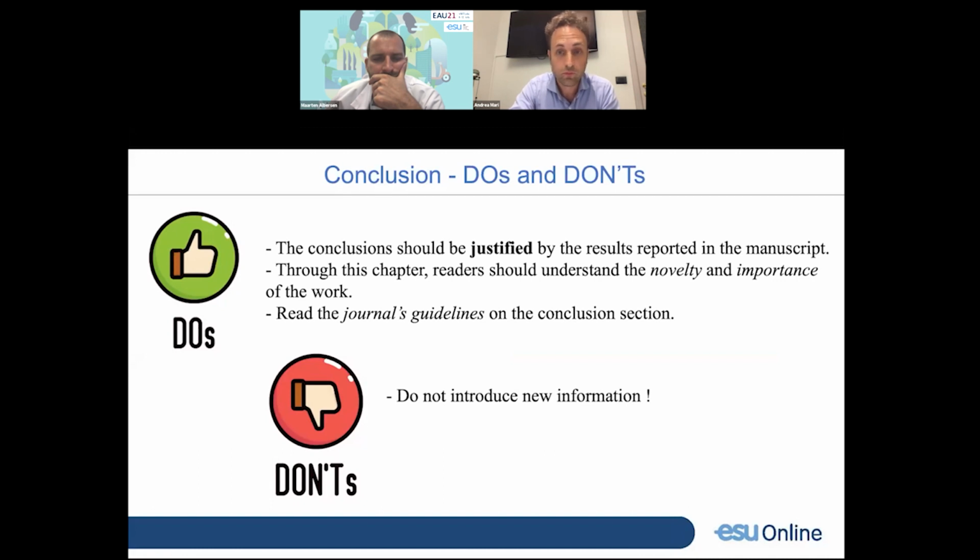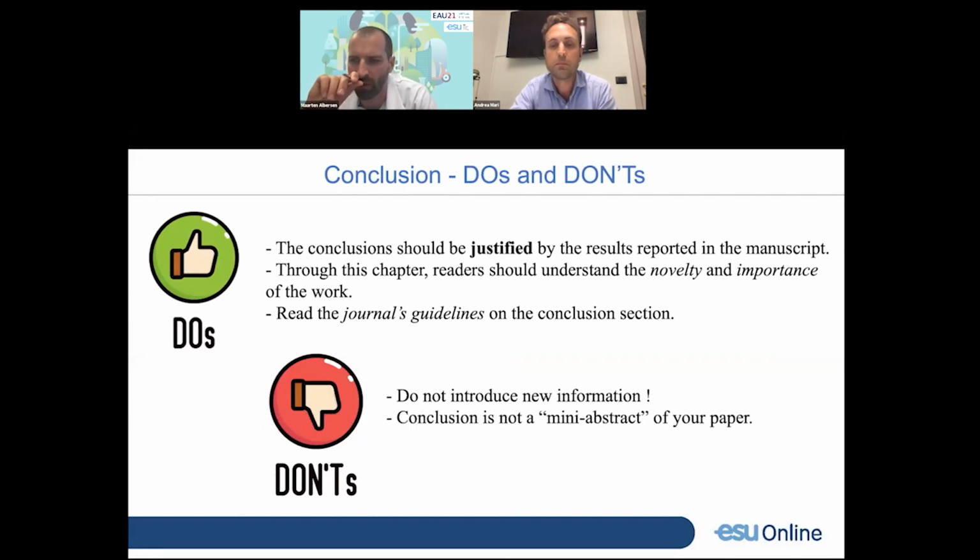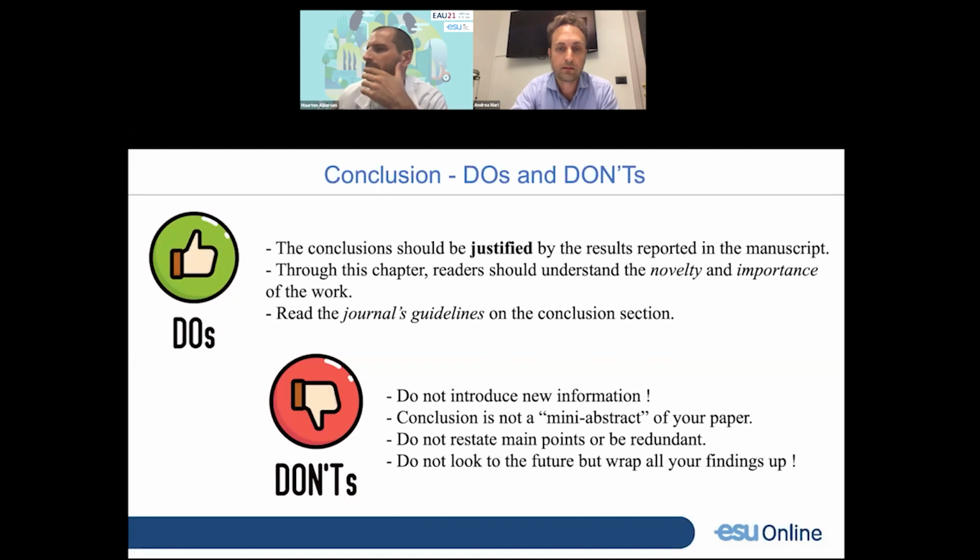Don't introduce new information that is not previously written in the results and the discussion section. And conclusion, of course, is not a mini abstract of your paper, so you cannot only summarize your findings. Try not to be redundant, and in the conclusion section, you shouldn't look to future projects, but just stay on your findings and wrap them up.